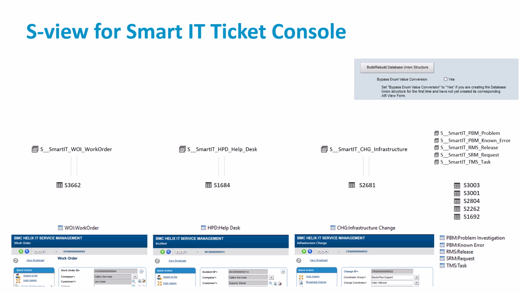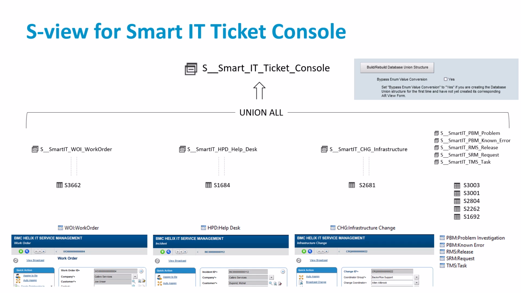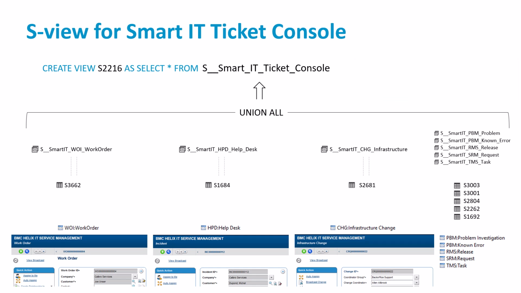These views are then again combined using union all operators into a view called S Smart IT Ticket Console. Finally, to meet AR System's naming requirement for the S view, Workflow creates one final view on top of this, which includes AR System Schema ID for the Ticket Console view form, which on my system resulted in a view called S2216.